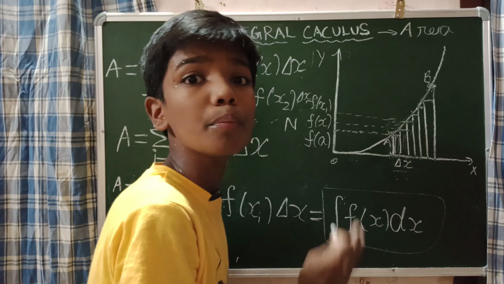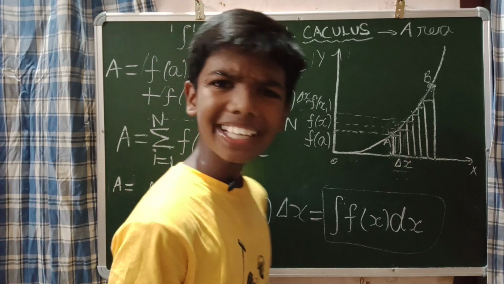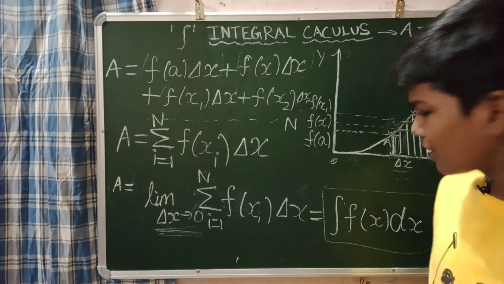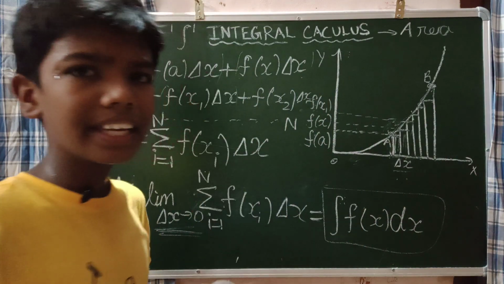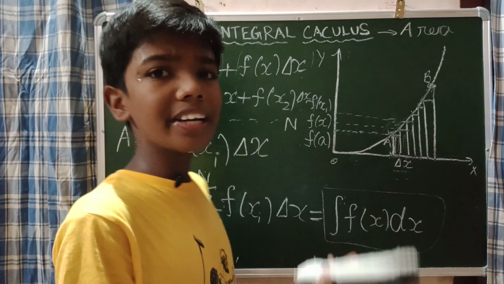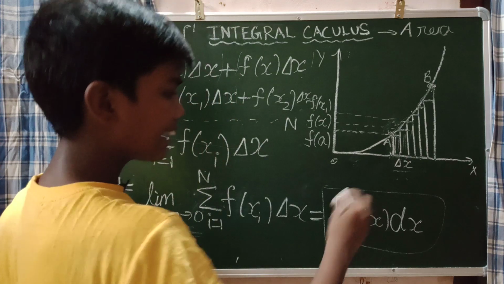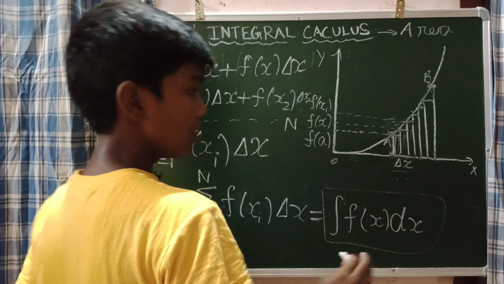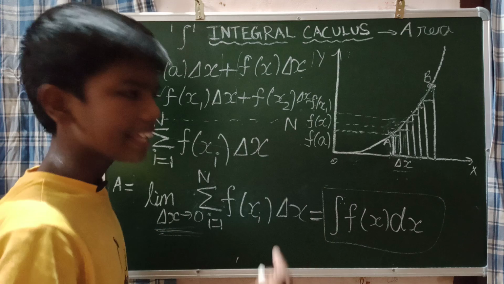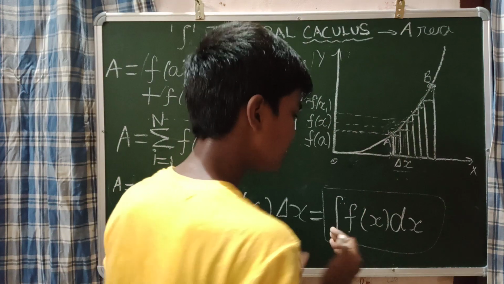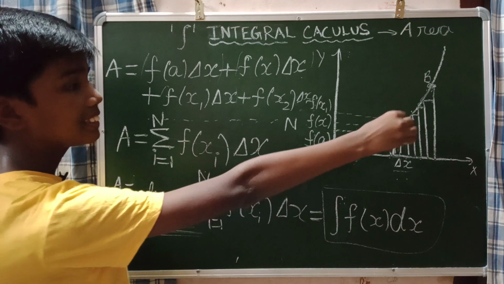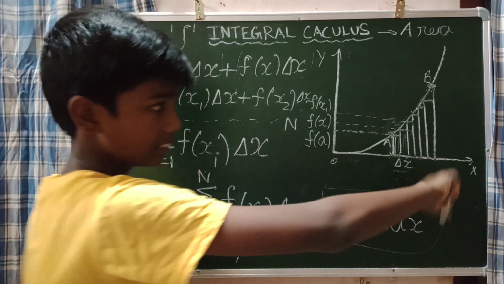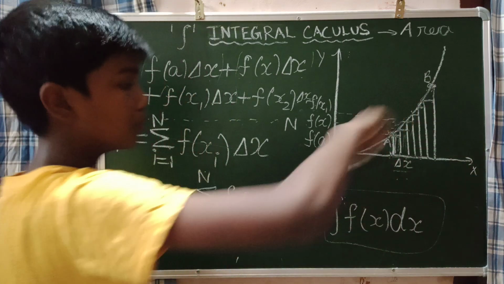If you understand these things, then you will be able to understand integral calculus. If you understand step by step, you can definitely understand. Integration of f of x dx will give us the area of this curve.